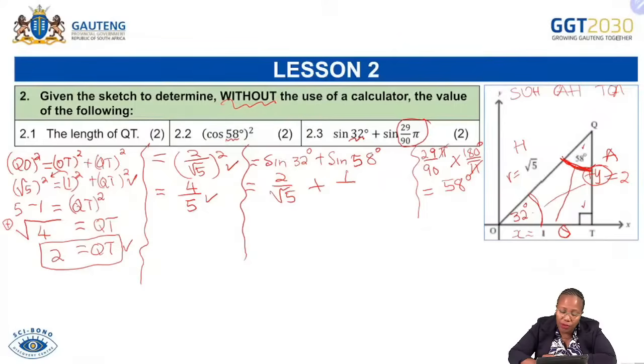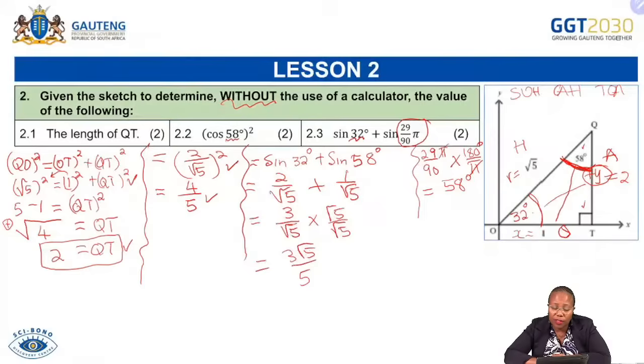Over hypotenuse is the same, which is square root 5. Then my answer will be 2 plus 1, which is 3, over the square root of 5. And then now if, grade 12, you are rationalizing this, you will multiply by square root 5 over square root 5 there. And this will be 3 square root 5 over 5.